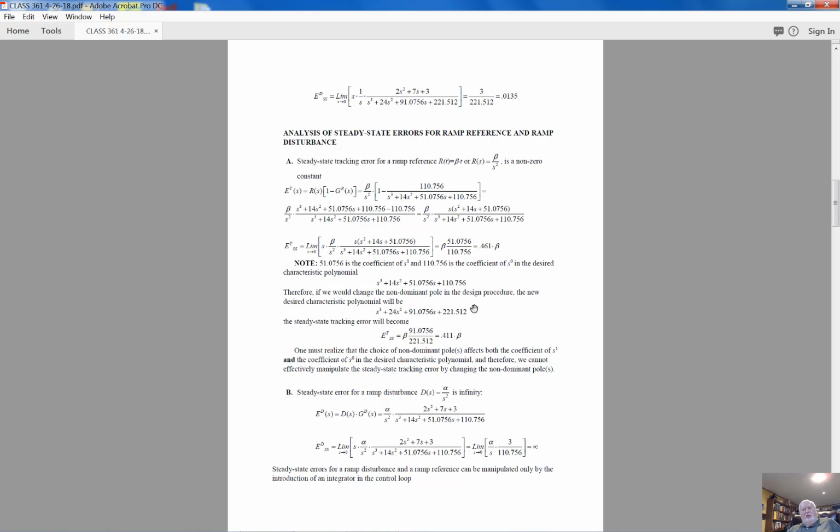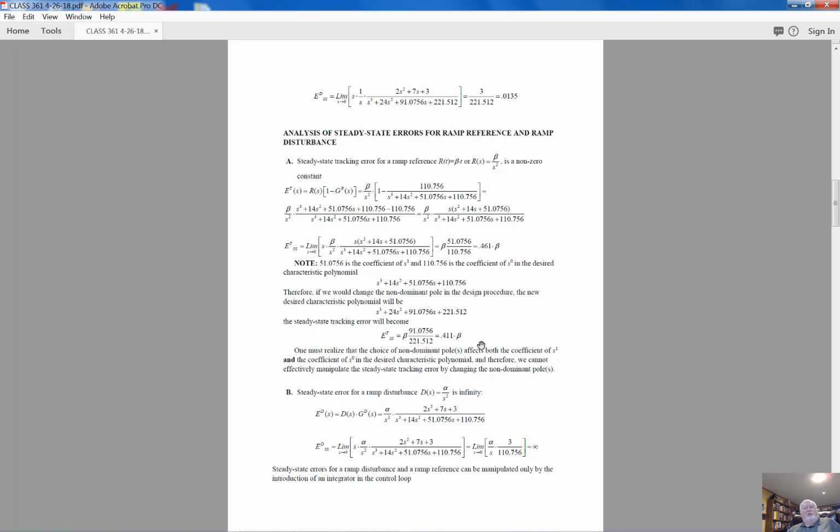Look, the zero order term is twice as large as it used to be, or almost twice as large. But the term for s to the power of 1 also almost doubled. So the ratio is a little bit better, but not much better.